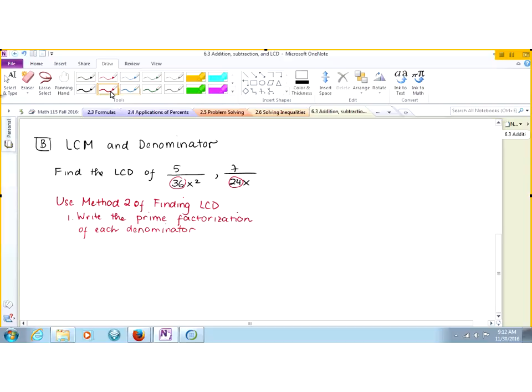Now, the second step: the LCD is the product of all the distinct factors, and then we use the highest exponent for each factor.